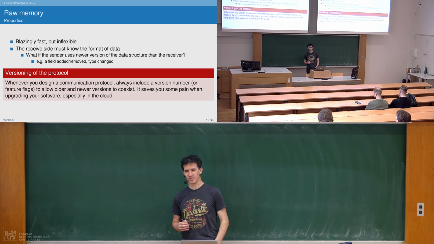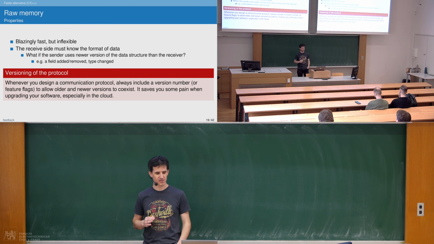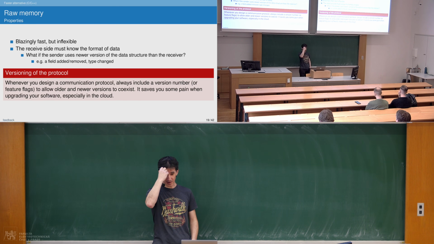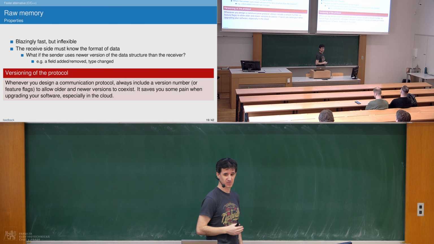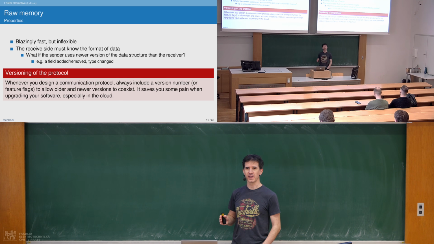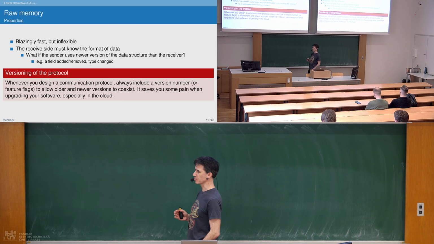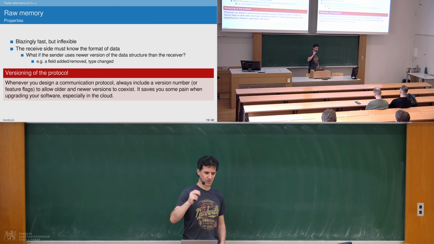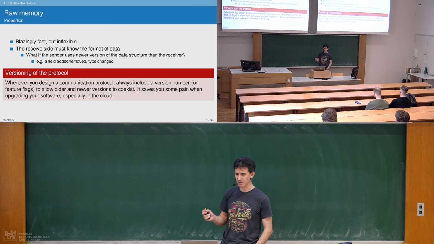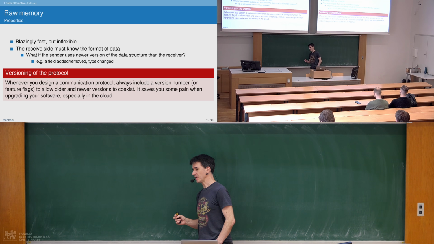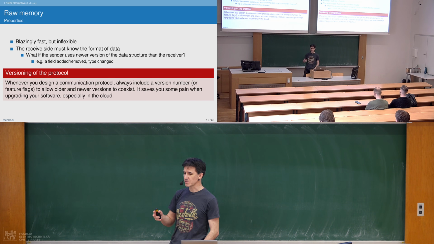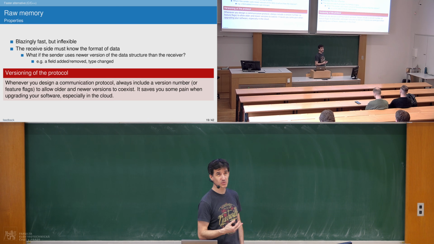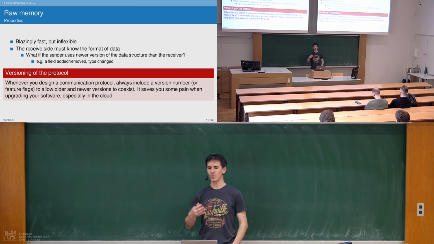So before we look at how to solve this more properly, one important piece of information which you should remember: whenever you are designing some kind of communication protocol, always think about versioning the protocol. When the client and server communicate with each other, it's useful if there is a way for the server to know which version of the client is there, because this allows you to evolve the protocol.